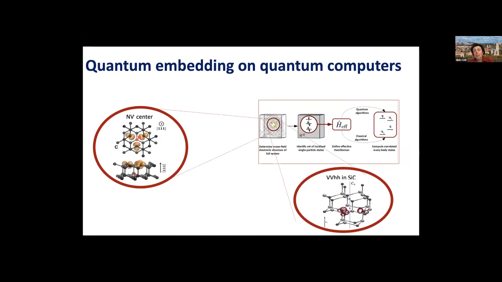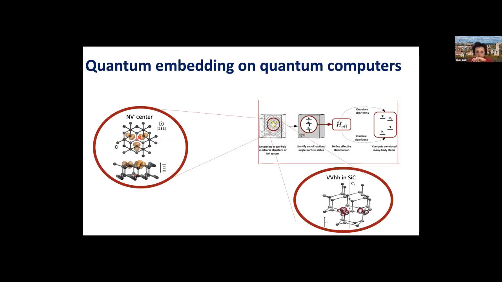Well, there is a promise that quantum computers would one day, at least when they become fault tolerant, solve problems in polynomial time. But even if they don't, and there is a lot of controversy whether they could for quantum chemistry problems, maybe they allow a prefactor which is so much better that they would be advantageous. And so our take on this is, let's learn how to use these devices, even in the era where they are still noisy.